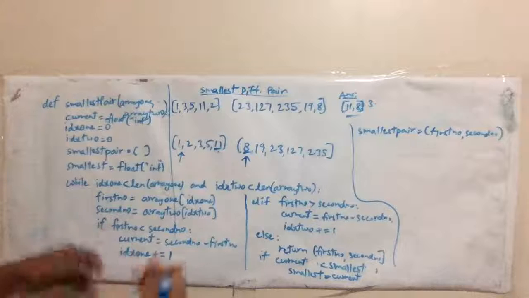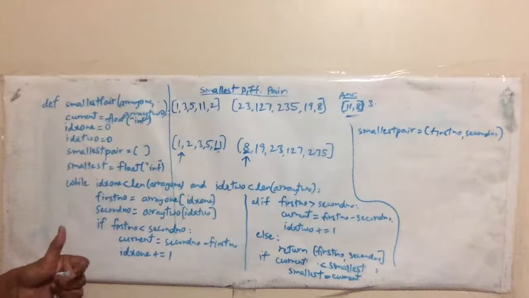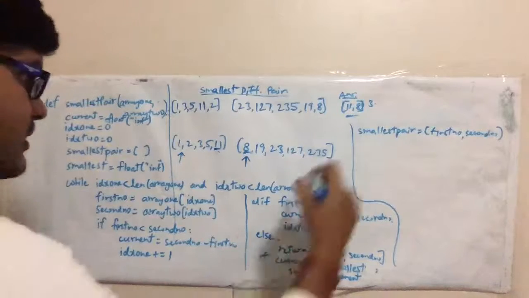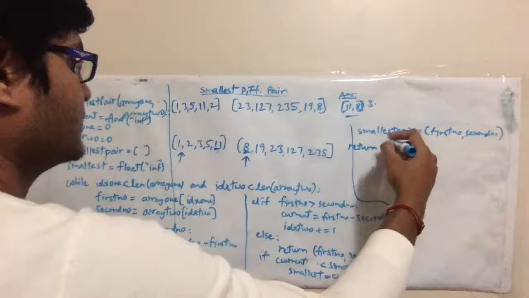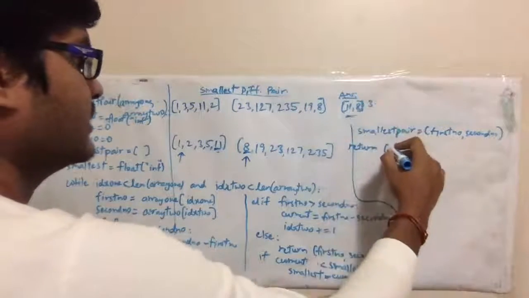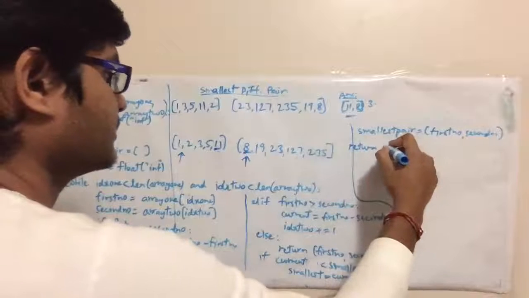After completion of this while loop, we will just return this value, that is the smallest pair. We are already storing that in the smallest pair.